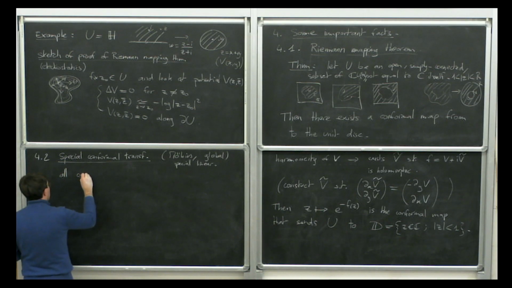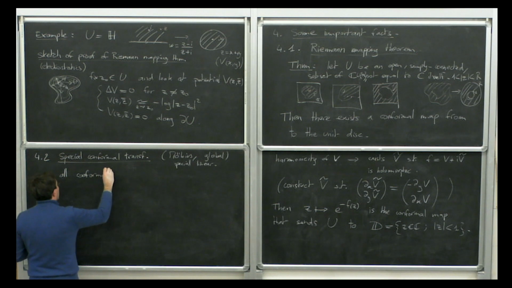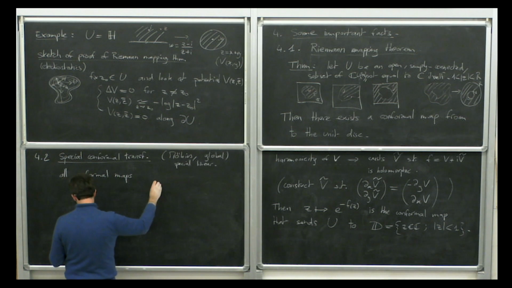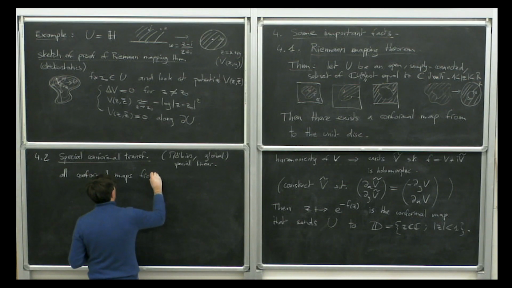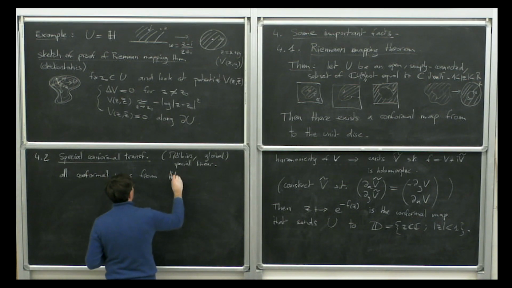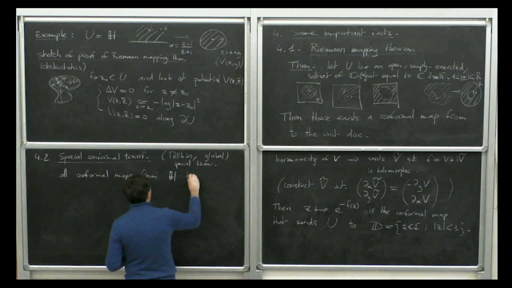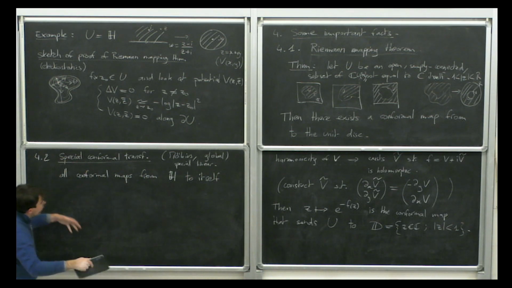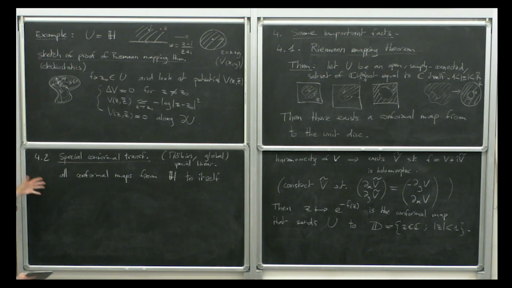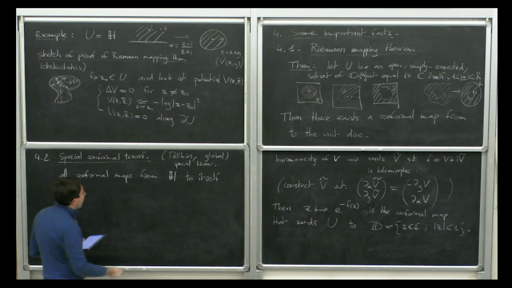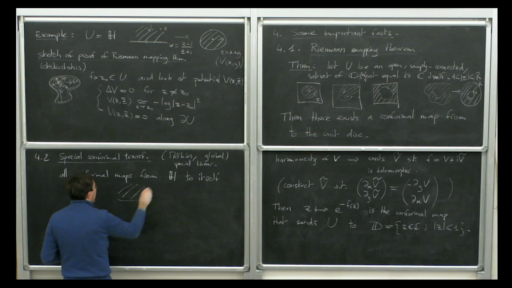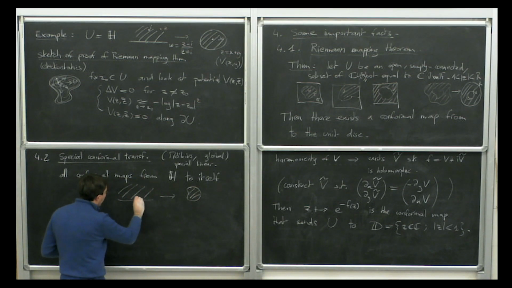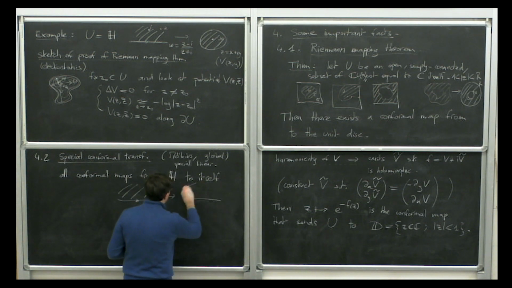The claim then is going to be about all conformal maps from the upper half plane H to itself. I really want the map to cover the full upper half plane. I don't want a map that takes the upper half plane and sends it to a smaller domain. I want the upper half plane sent to itself, really.